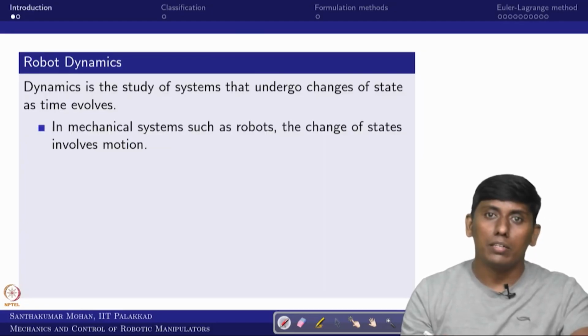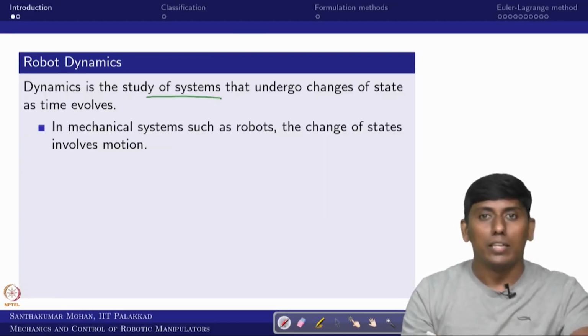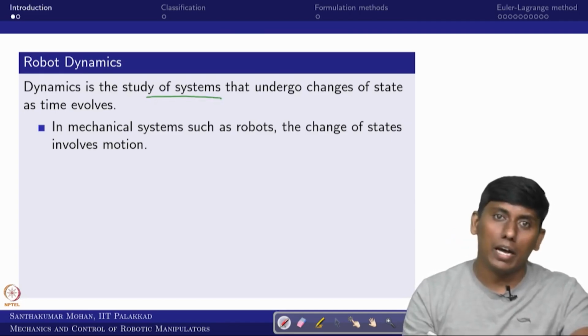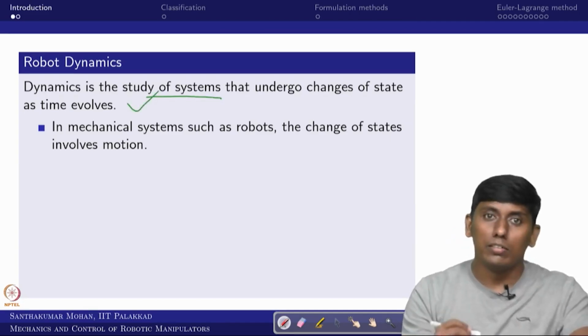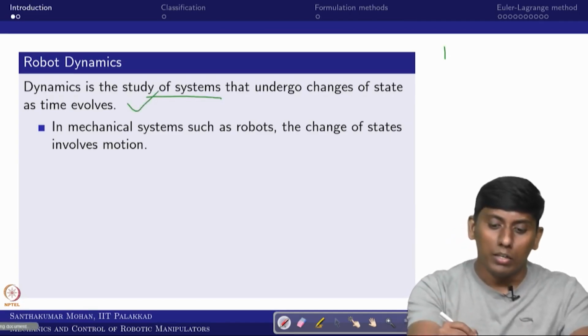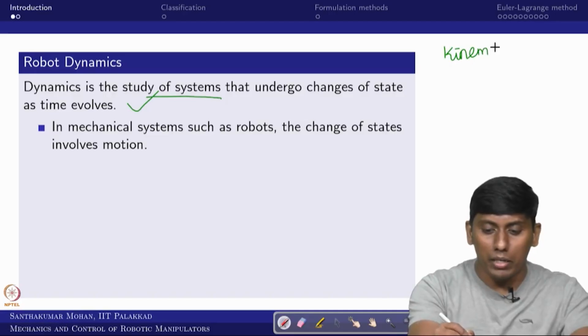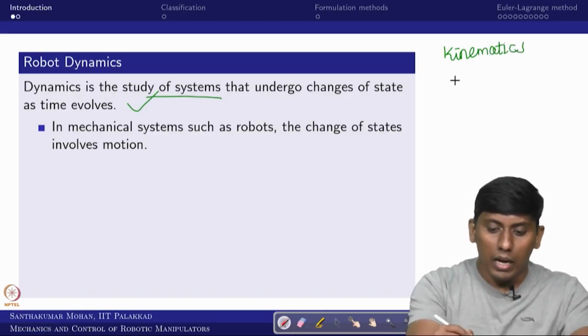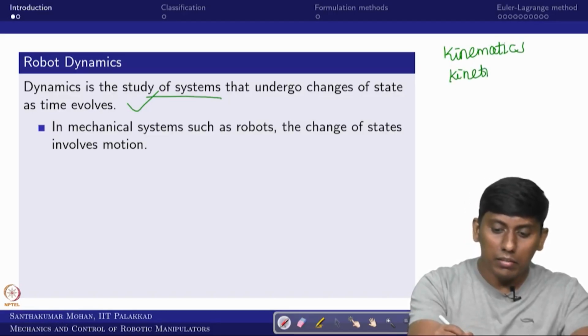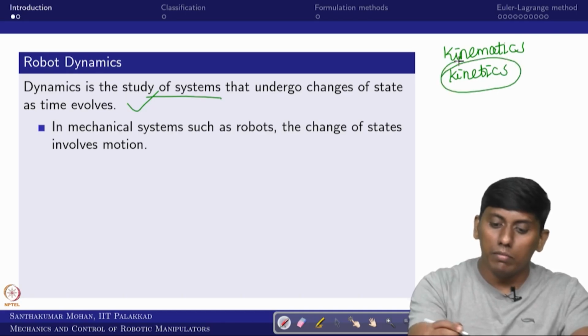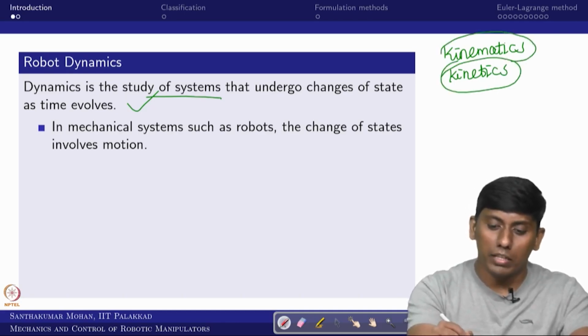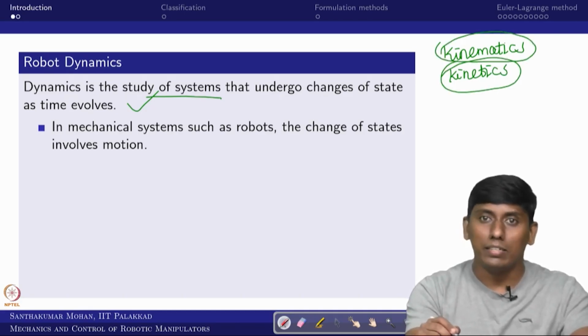Dynamics is nothing but the study of systems that undergo changes of state as time evolves. In that sense, robot dynamics is more general. It would have kinematics and kinetics, where one is with regard to forces or efforts, and the other is without considering that.